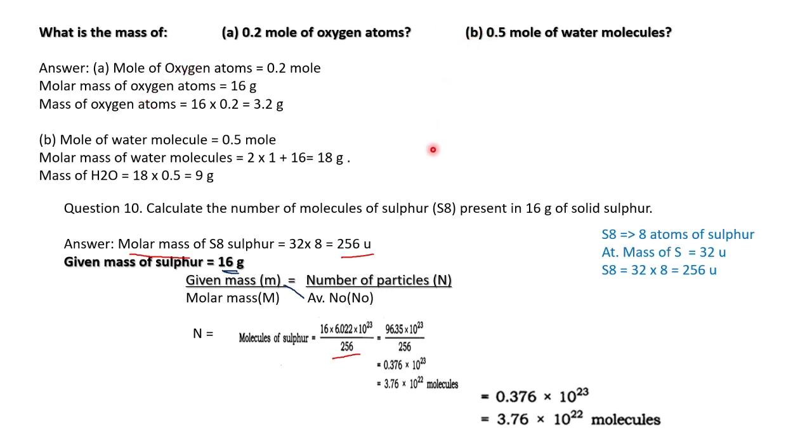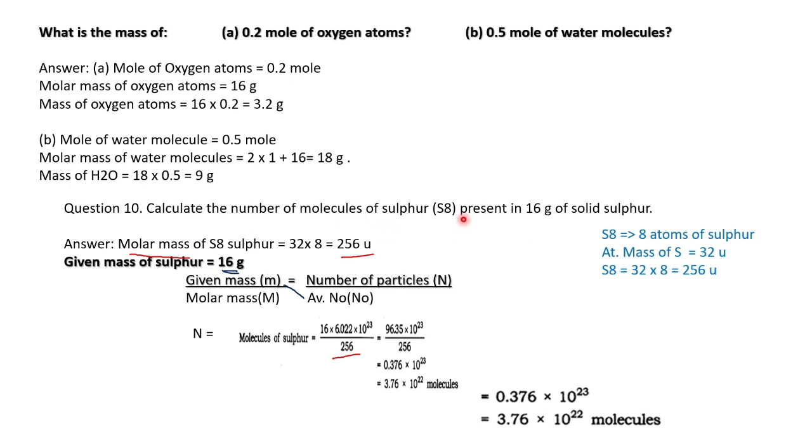Then calculate the number of molecules of sulfur present in 16 grams of solid sulfur. The molar mass of sulfur is 32, and for sulfur S8 it will be 256 units. We convert that. Then how to find the number of molecules in the given sample?